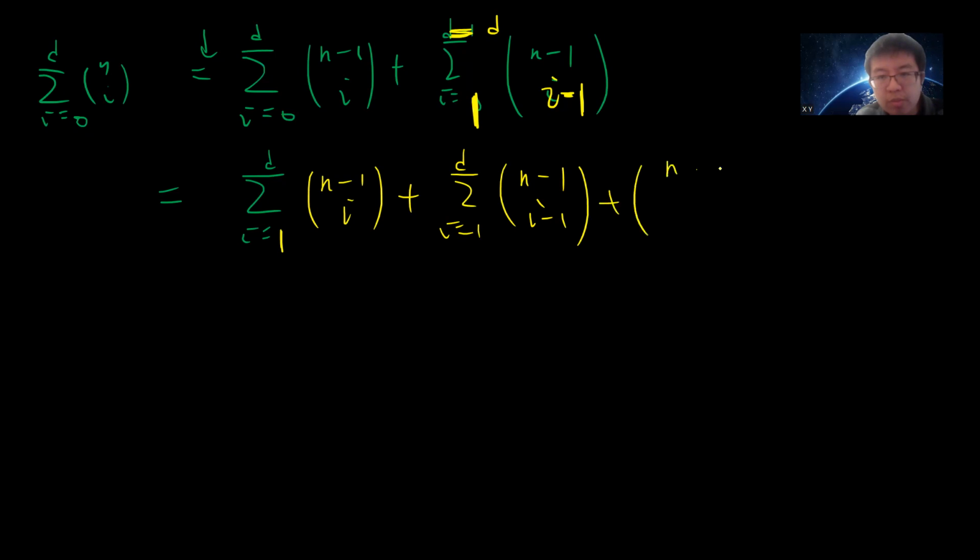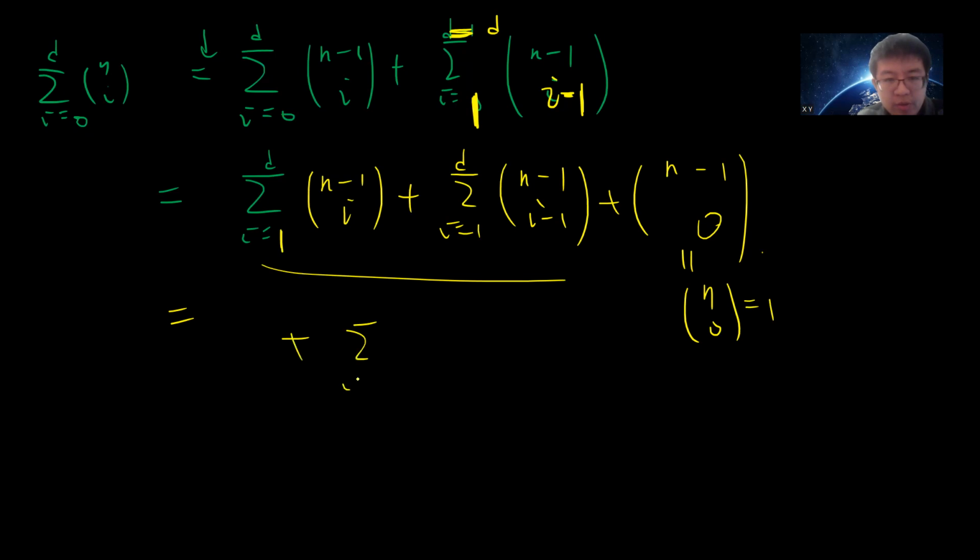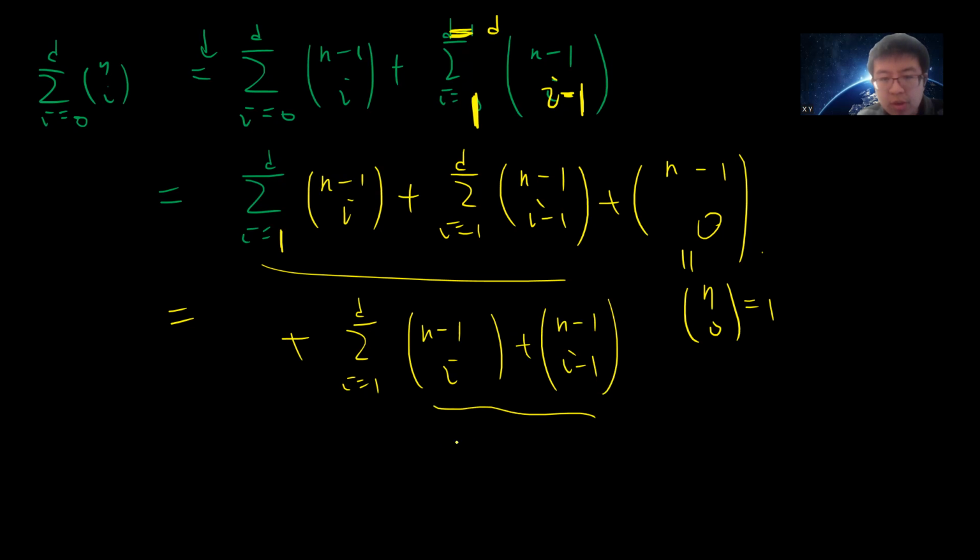So I add n minus 1 choose 0. This one is the same as n choose 0, because this guy's just 1. And then I get the sum from i equals 1 to d of n minus 1 choose i plus n minus 1 choose i minus 1. So for these you can use Pascal's theorem.